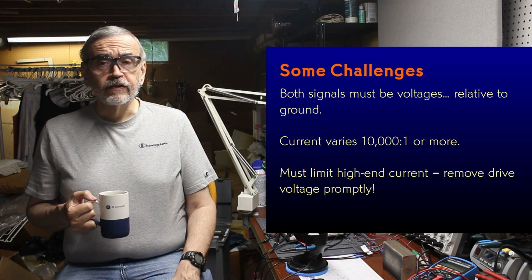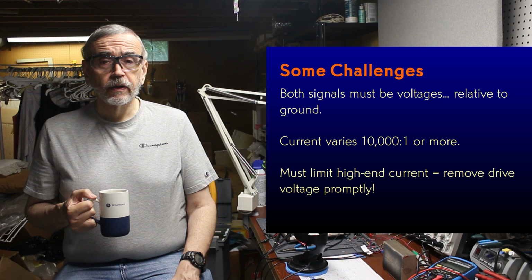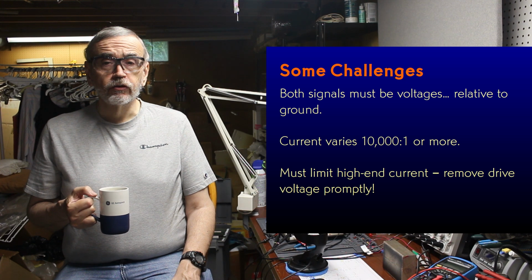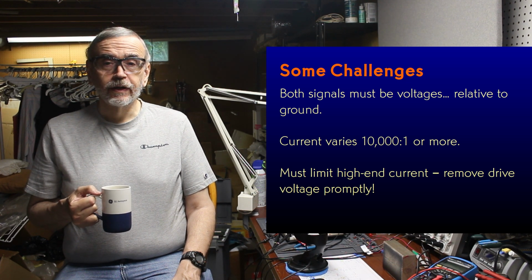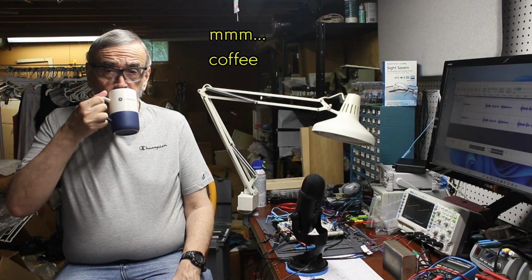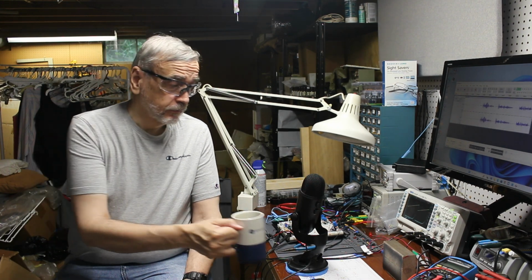I'd like to get to at least a 10,000 to 1 ratio. And at the high end, I have to limit the current to avoid letting out any magic smoke. The circuit has to remove the drive voltage promptly. With what we know about op-amp circuits, I think we have the tools to design this tester. Let's sharpen our pencils and get to work.